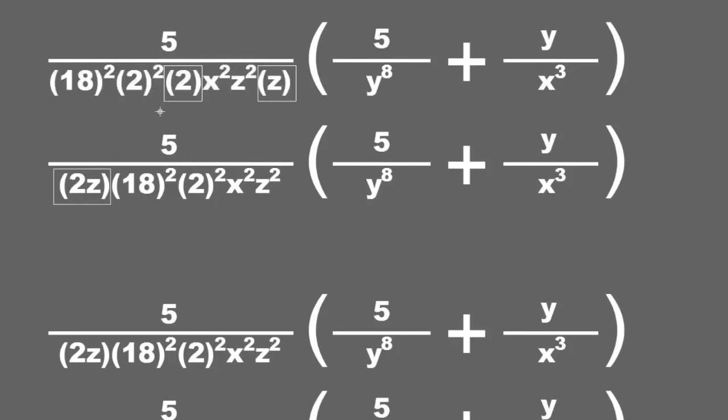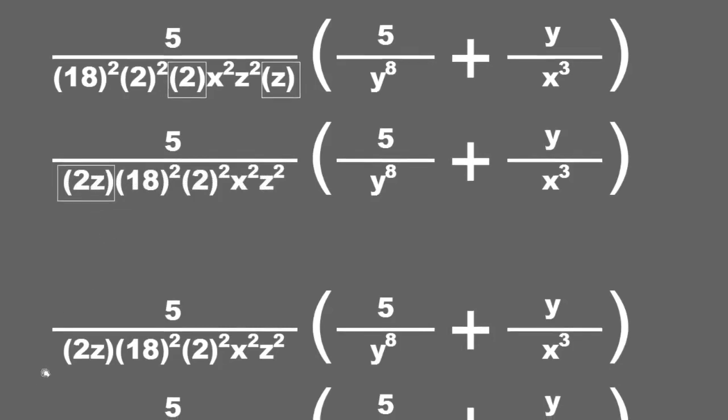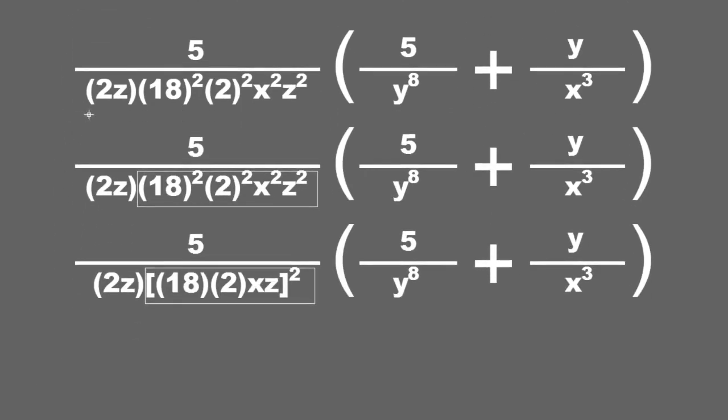So I move the 2 to the front of the pack, and the c I put right next to it. When I do that, you're going to see that everything after 2c has an exponent of 2. I have 18 squared, 2 squared, x squared, and c squared.